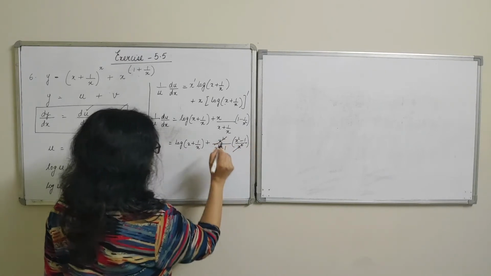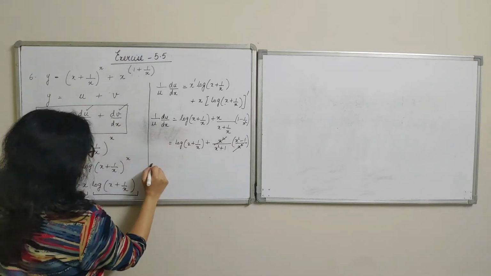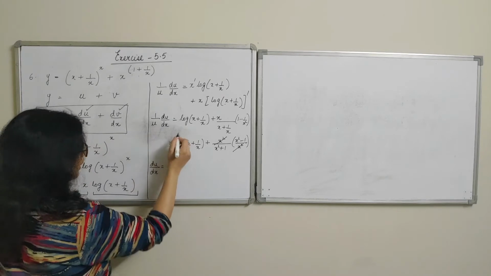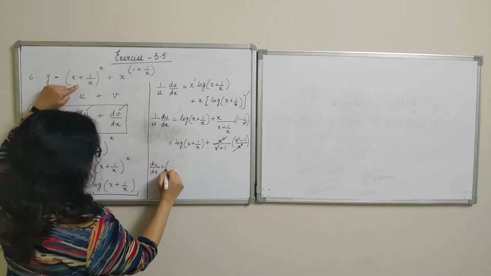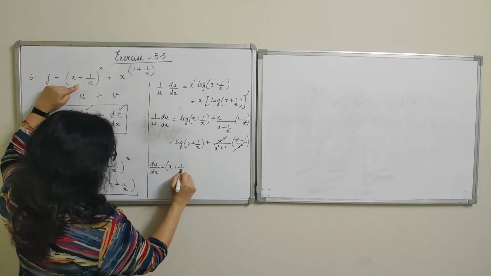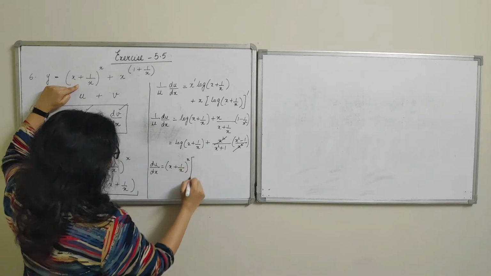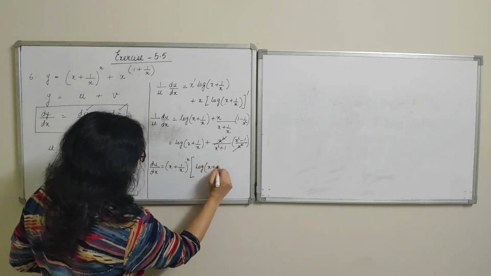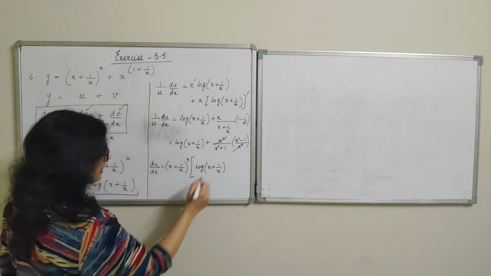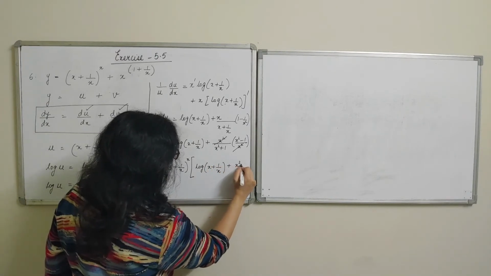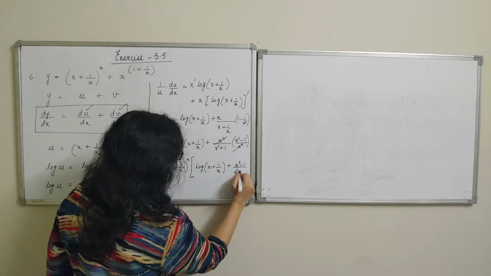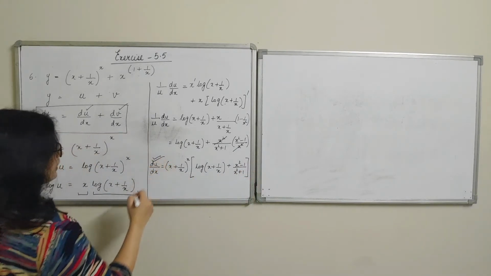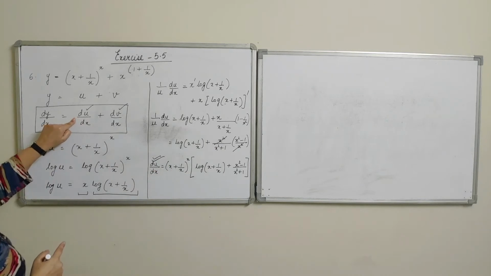So these x square terms cancel off, and we can write down du by dx is u times, so I'll write down u directly, which is (x plus 1 upon x) to the power x. So u into the derivative term which we have obtained, log(x plus 1 by x), and the next term is (x square minus 1) upon (x square plus 1). So what is this? du by dx, which we will later substitute here.